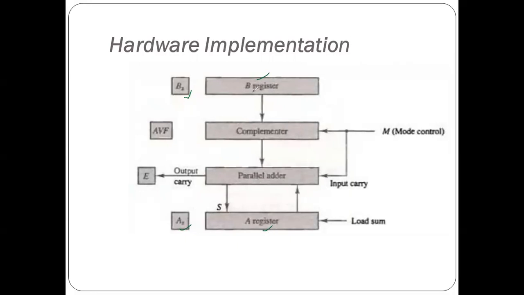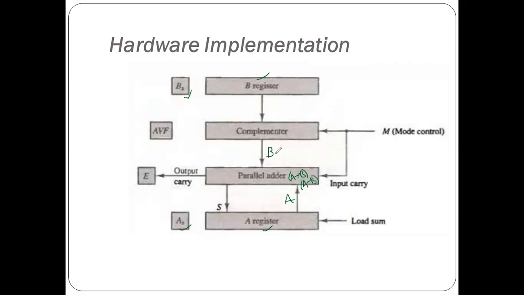I'm complementing my B and giving it to the parallel adder. So this is my B and here I am getting A. Here it will perform A plus B or A minus B.